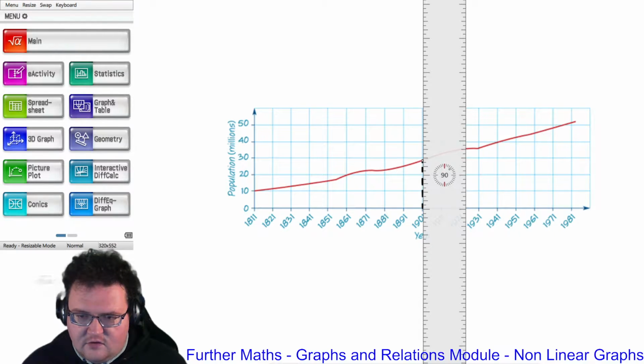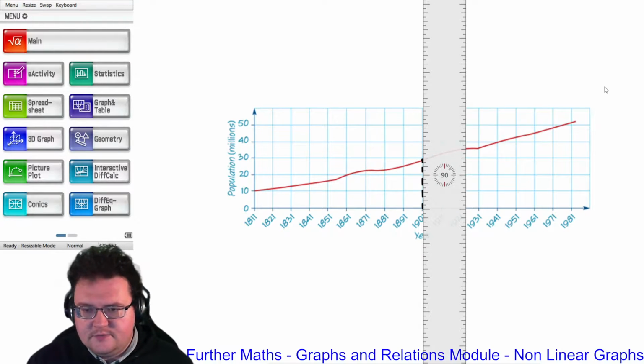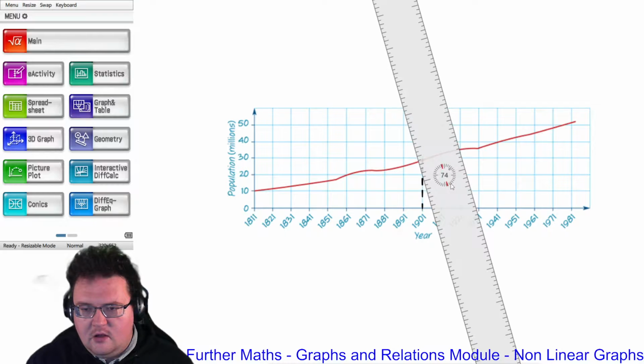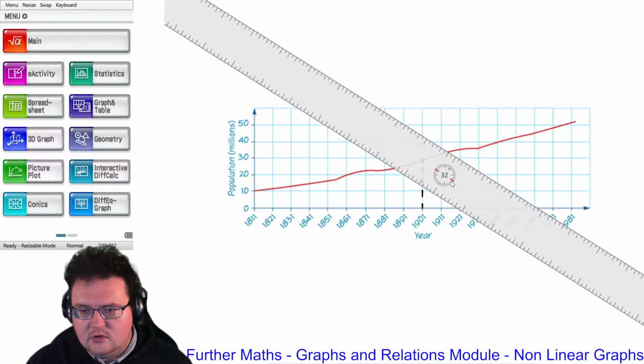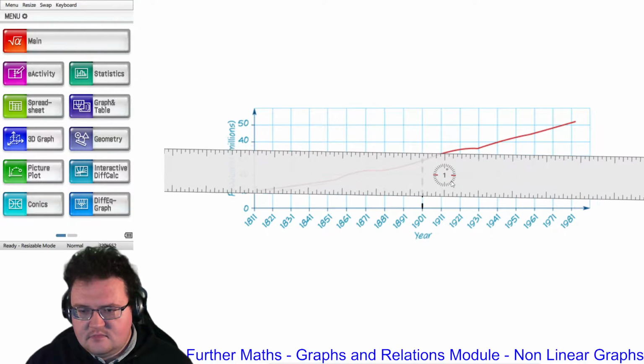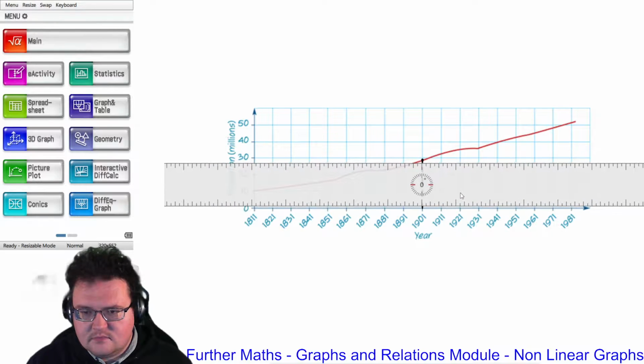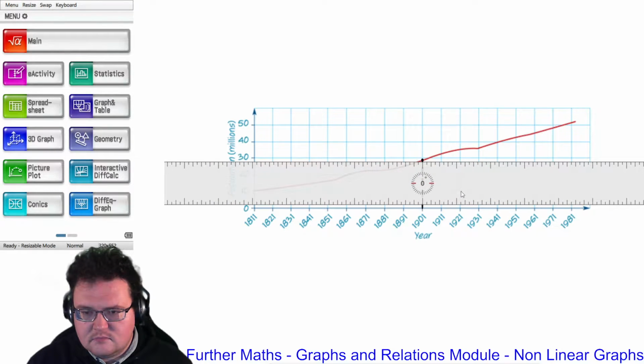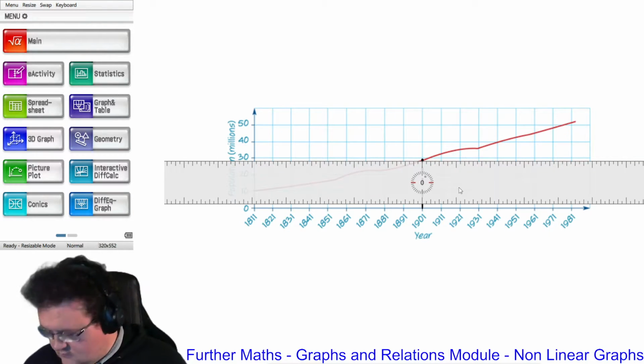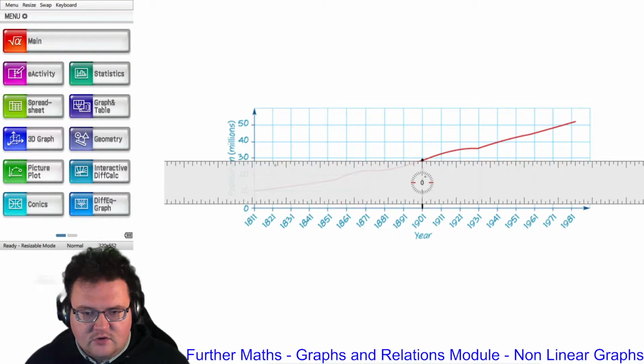So it's going to get to there. Now, I measure across. And then I measure across from there.